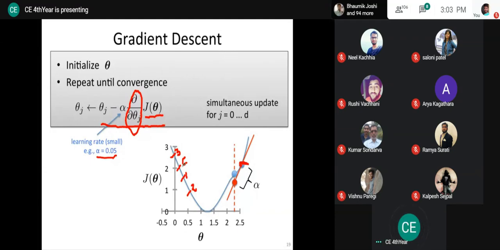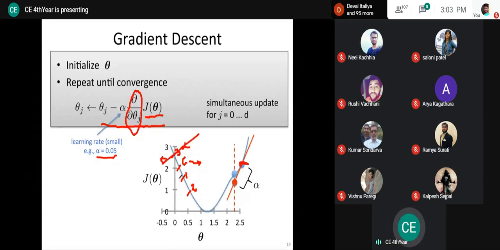If the current value of J(theta) is this, and the next value of J(theta) is point number 3, then it's a wrong learning. In other words, from the current point I am supposed to increase the theta value, but somehow I have decreased it, and that's why my error value has increased. That is the wrong learning, and gradient descent will never reach this point.